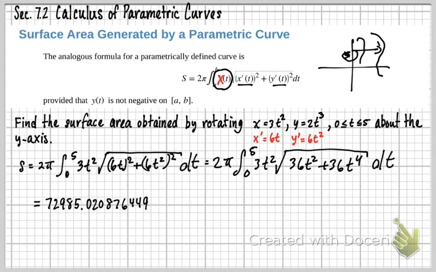Because I could have that closer, and if I do, that's going to be a smaller surface area if I rotate it than if I rotated this one. And that's why this x(t) and y(t) are so important here. So that's the gist of this problem. And there's our answer. Done.